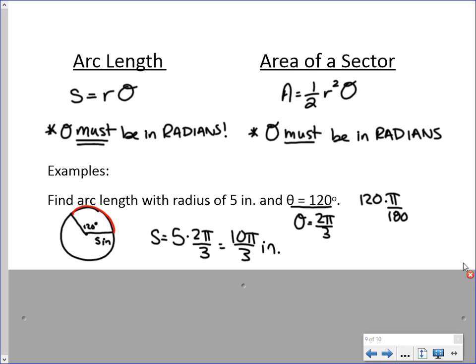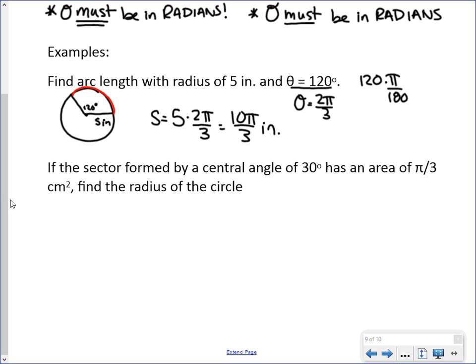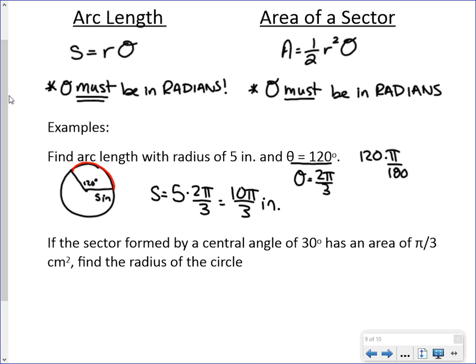One final example to look at. If the sector formed by the central angle of 30 degrees has an area of pi over 3 centimeters squared, find the radius of the circle. So again, I'll draw a picture of what I'm talking about.